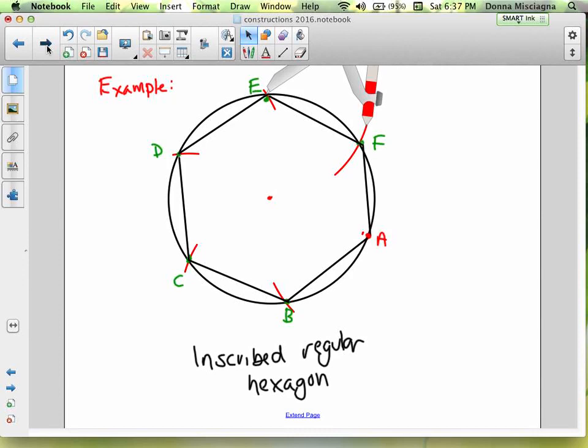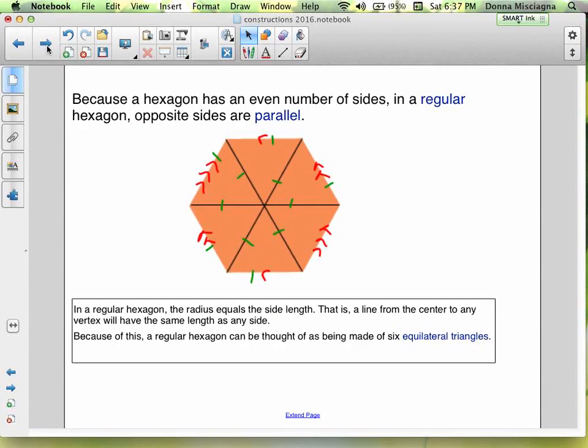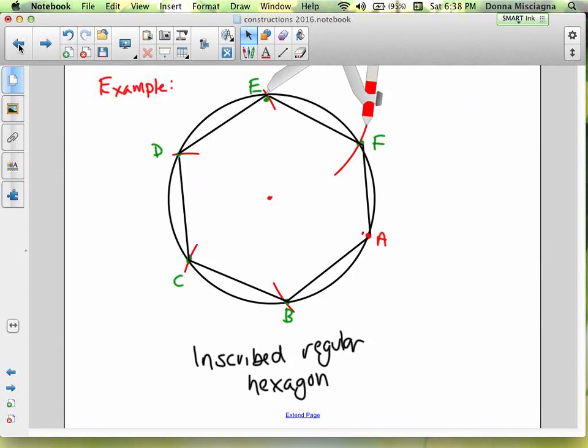All right, one last thing to look at for hexagons. Because a hexagon has an even number of sides, in a regular hexagon, opposite sides are parallel. Right? So if we look back here at my hexagon, the opposite sides would have been parallel. So that means DC and AF, although boy, that's kind of missing the point right there, isn't it?